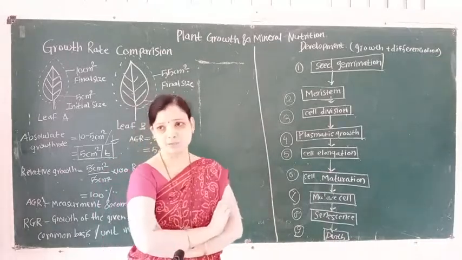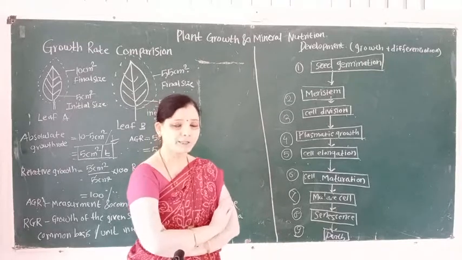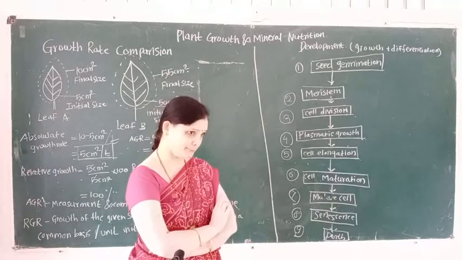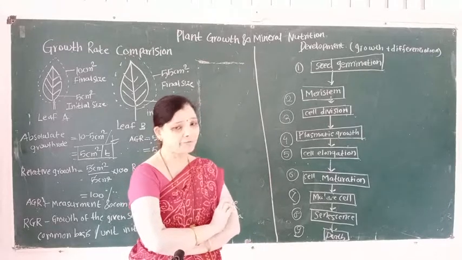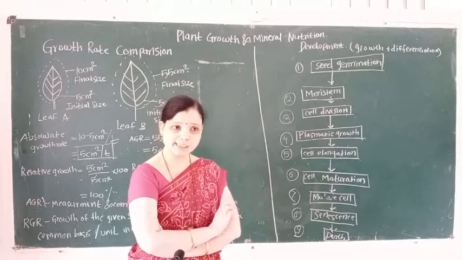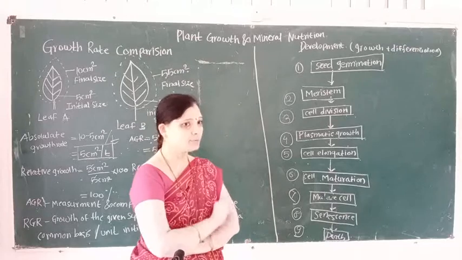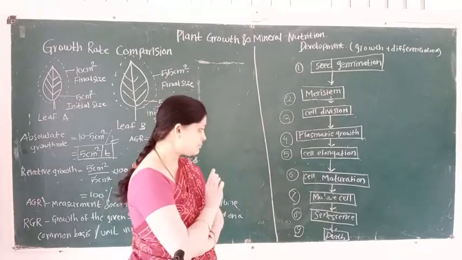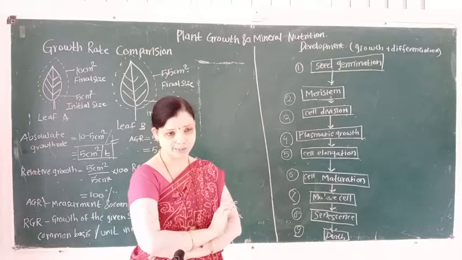What is the meaning of maturation? Maturation means meristematic tissue becomes permanent. Meristematic tissue has the ability of cell division, and permanent tissue has lost the ability of cell division. This process is called cell maturation.